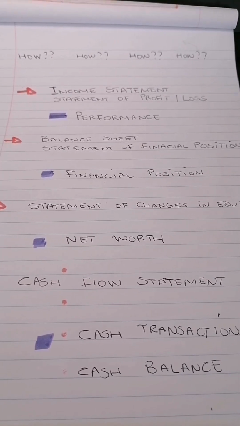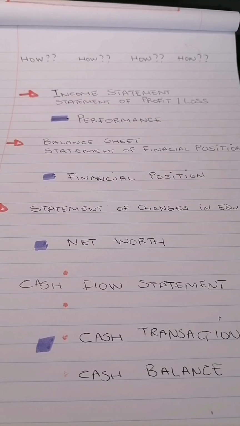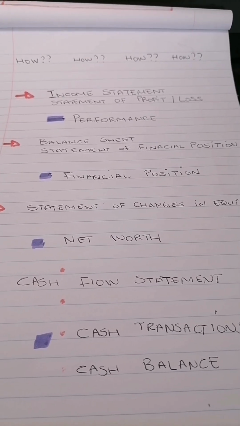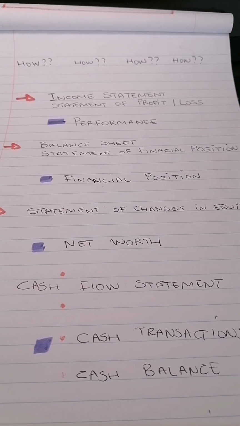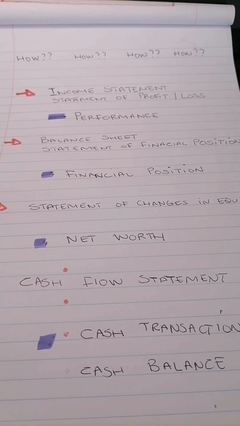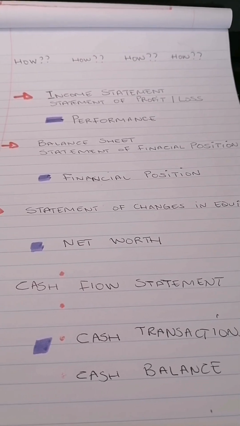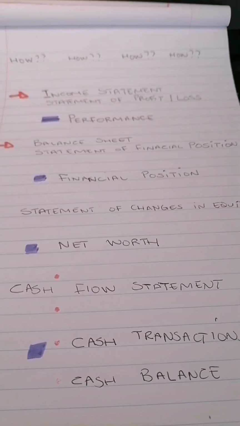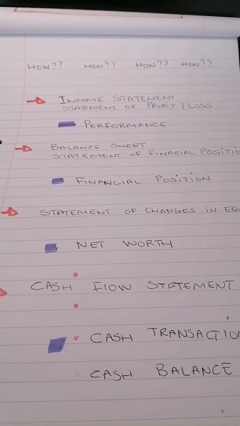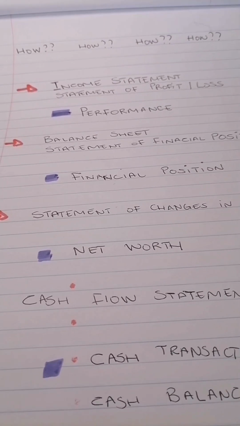In our next video, I am going to be covering the elements in the financial statements and how to link them to your income statement, your balance sheet, your statement of changes in equity. How do you know if something is an asset? How do you know that it's supposed to go to the balance sheet and not the income statement, your debits and your credits? Okay, thank you so much. Bye.